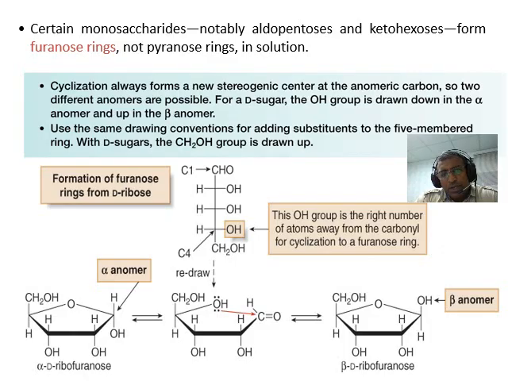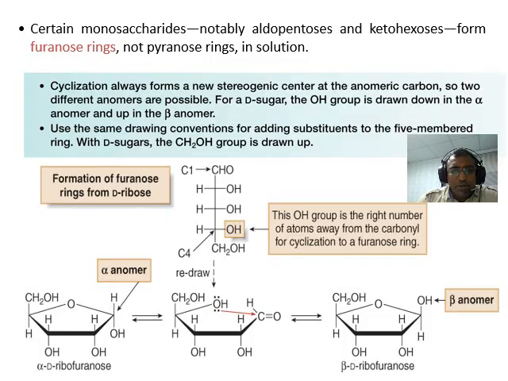Just now we looked at glucose in terms of forming the pyranose ring structure. But here we are going to look into furanose ring structure formation, and this one is looking into aldose, and later we will see ketose.